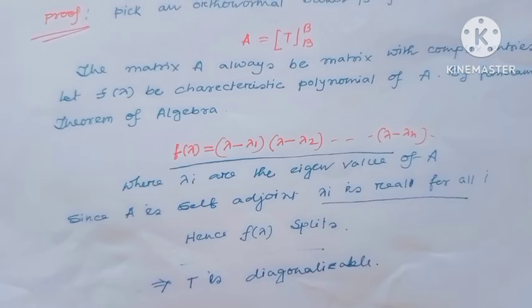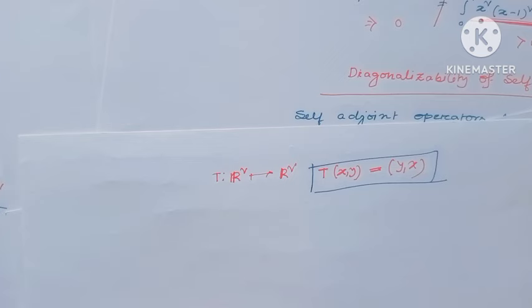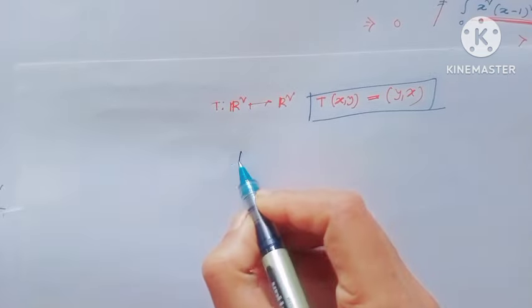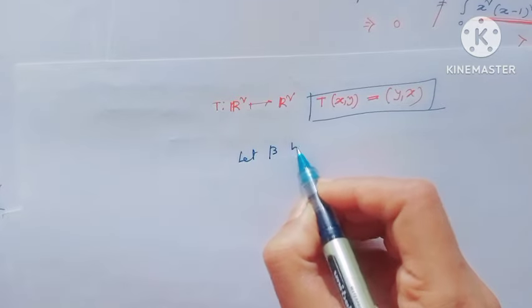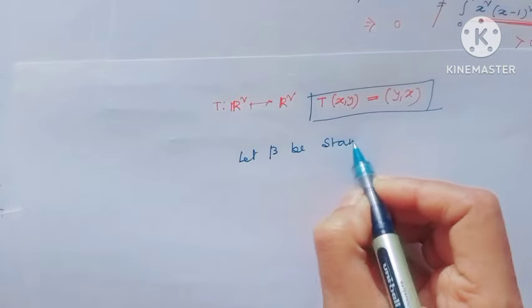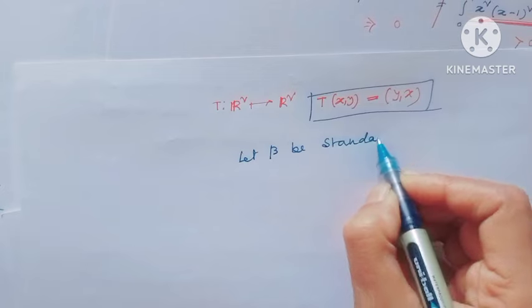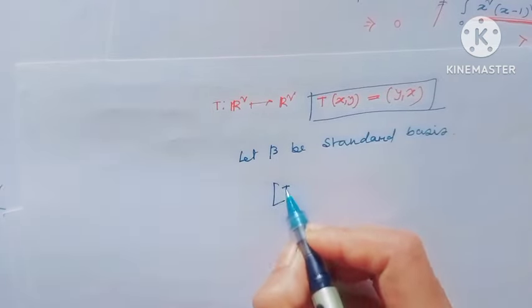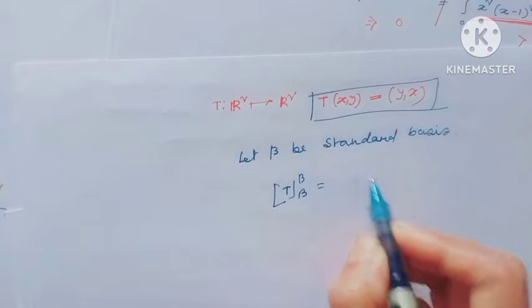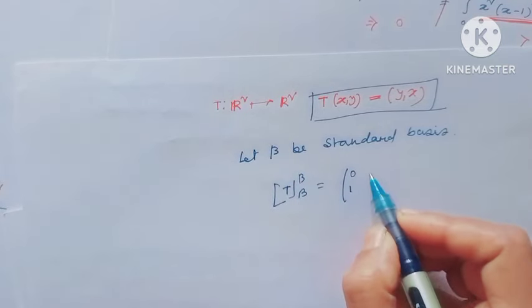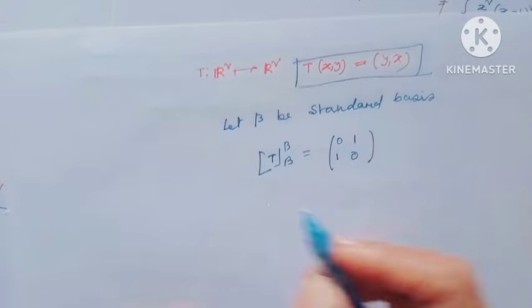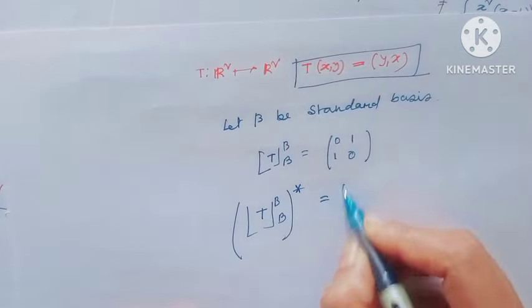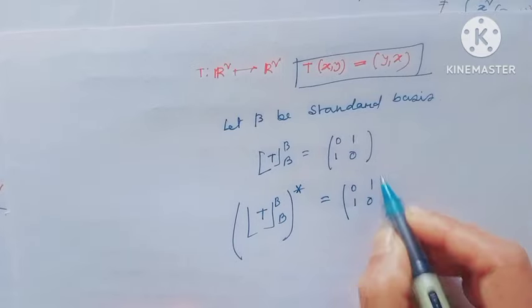Now let's see some examples. From R2 to R2, let T(x,y) equal (y,x). Let beta be the standard basis. With respect to the standard basis, the matrix representation is [[0,1],[1,0]], and obviously the adjoint of this matrix is [[0,1],[1,0]].